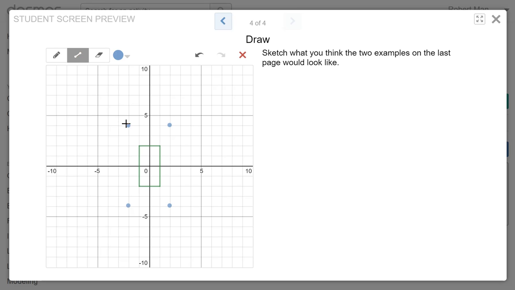So if we connect these points, we'll see that our hypothesis, our expectation was correct. We do get a larger rectangle. I know it's not exactly a rectangle because that's not 90 degrees, but it's the best I could do on this.